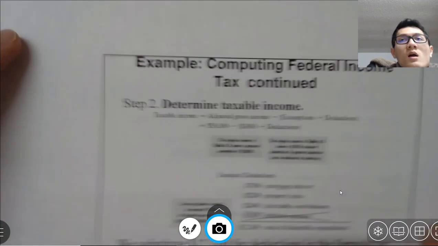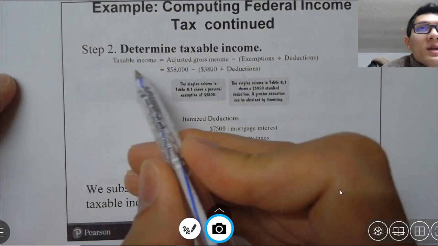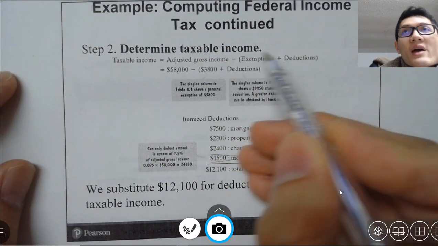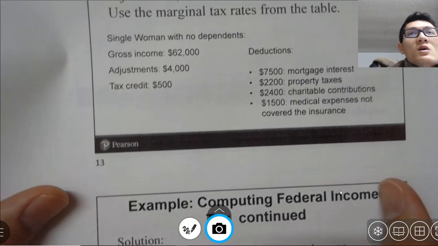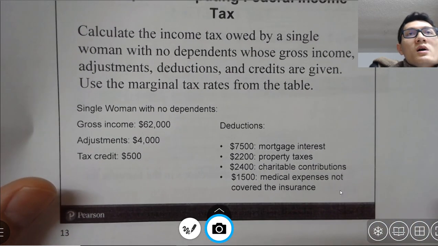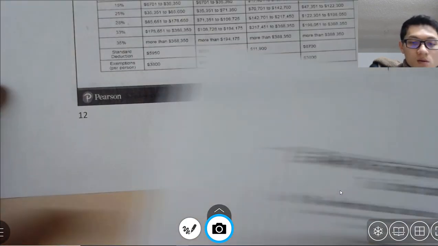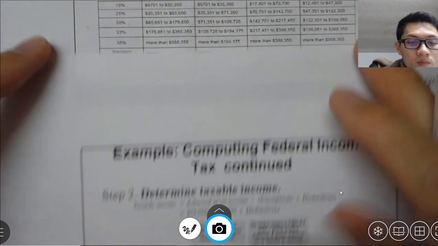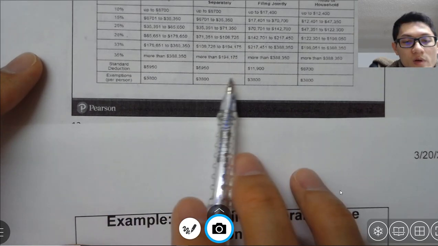Now, after we get the adjusted gross income, we need to find the taxable income. Taxable income again is equal to the adjusted gross income minus the summation of exemptions and deductions. We were also given her exemptions. Her exemptions were 3,800, and that came from the table here, the exemption per person, and it happens that they are all the same.